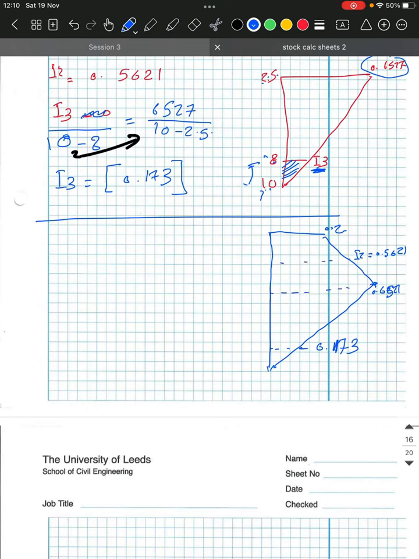Everything has its own height, so this is at 0, this is at 2, this is at 2.5, this is at 8, and this is at 10. Now I have to draw a table.